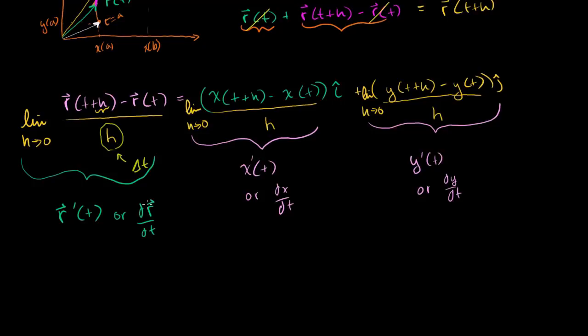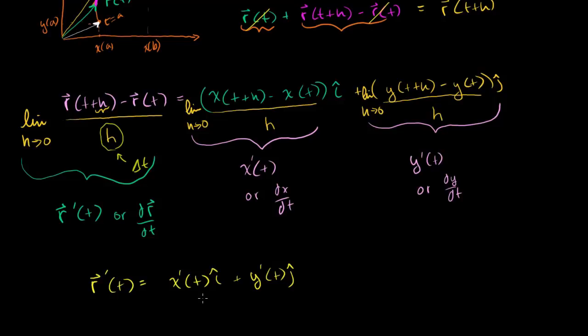Notice I keep the vector signs there. r prime of t is going to be equal to x prime of t times the x unit vector, the horizontal unit vector, plus y prime of t times the y unit vector, j, the unit vector in the vertical direction. That's a pretty nice and simple outcome.